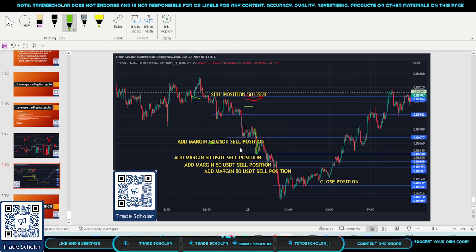But because you opened this position, you are now 50% profit only. Okay, it found a support again and bounced, and then it broke. So once it breaks this support here, add another margin, another 50 again.